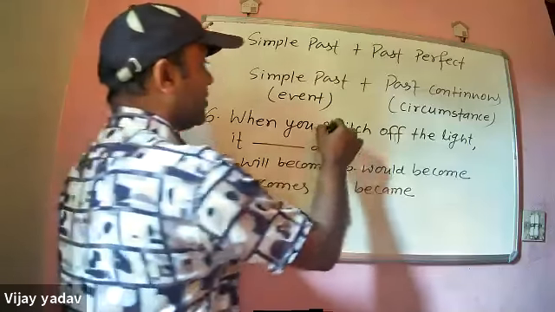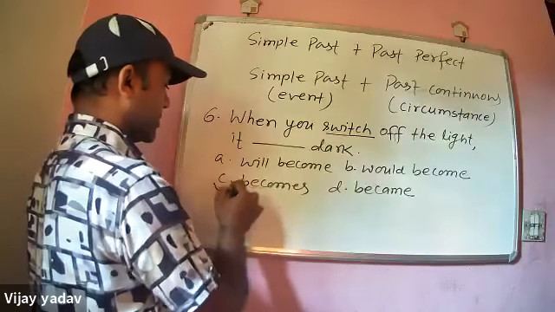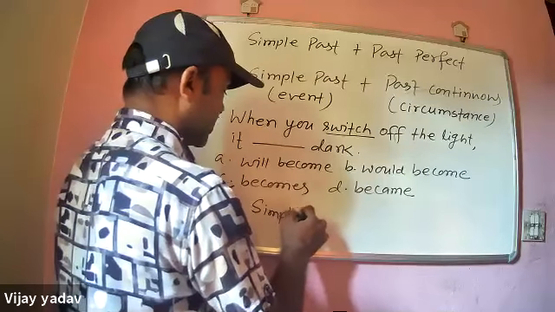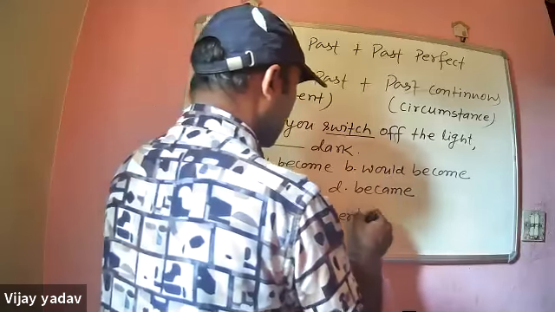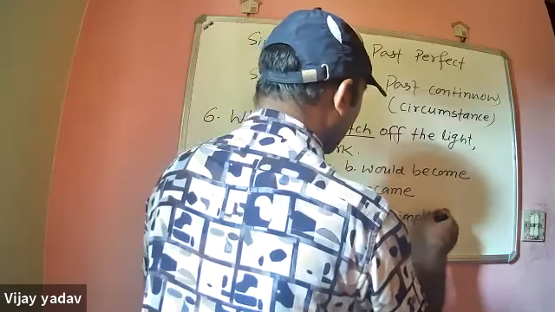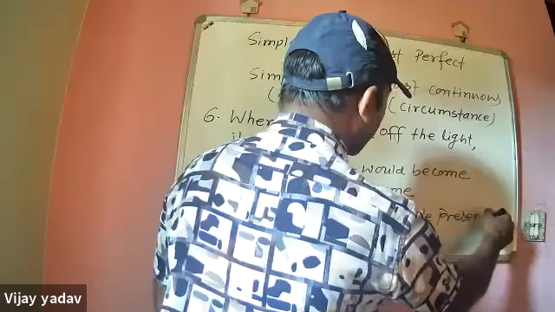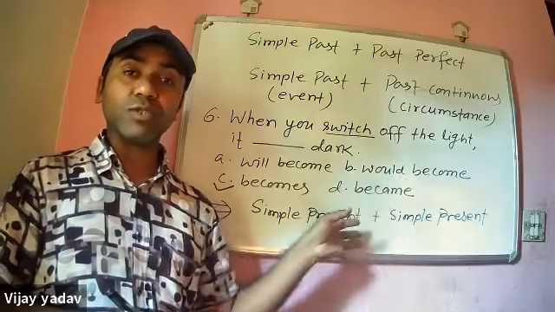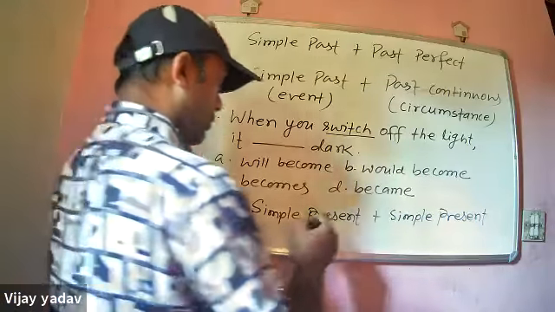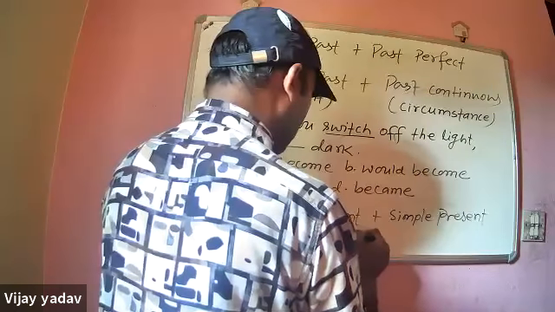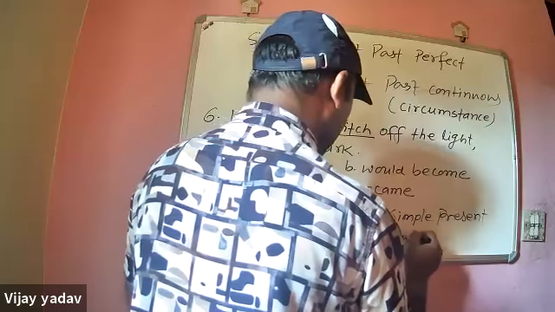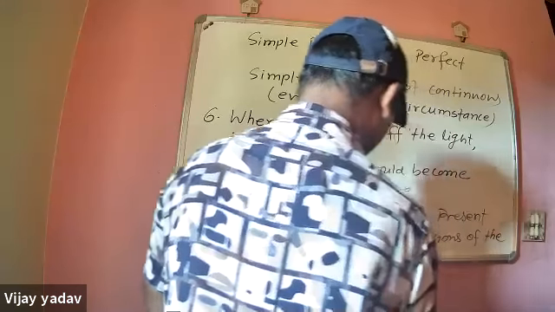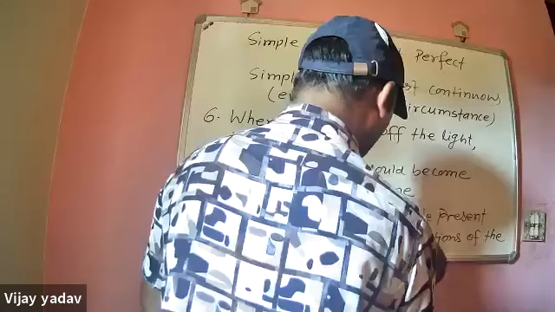What do you see? Simple present, and here also simple present. So its structure is simple present plus simple present. When we follow this structure, in both the clauses we use simple present when? That is for simultaneous actions of the present.